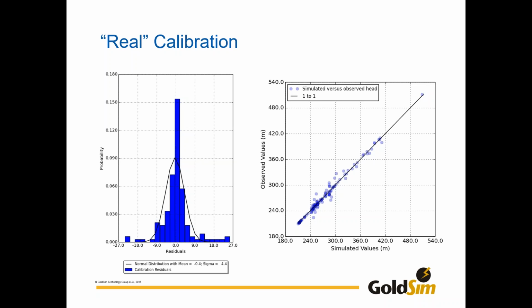And again, what you don't want is individual bias in your residuals. If there isn't any bias, your residuals should be normally distributed with the center of mass of the distribution at approximately 0. And of course, you always want your observed versus simulated values to plot along a one-to-one line, again showing that the variation is random, essentially.